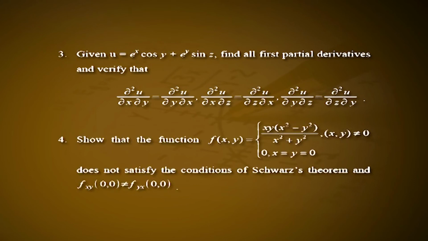Fourth one, show that the function f(x, y) is equal to xy (x² minus y²) divided by (x² plus y²) for (x, y) not equal to (0, 0) and equal to 0 for x equal to y equal to 0 does not satisfy the conditions of Schwarz theorem and fxy at (0, 0) is not equal to fyx at (0, 0).